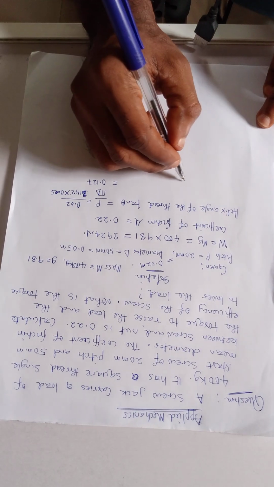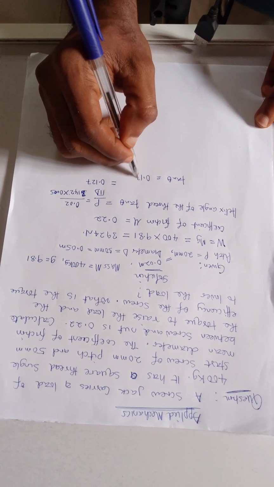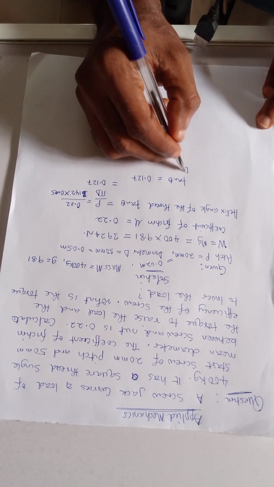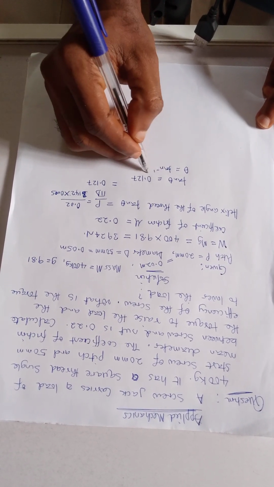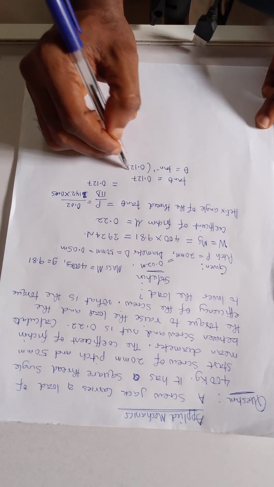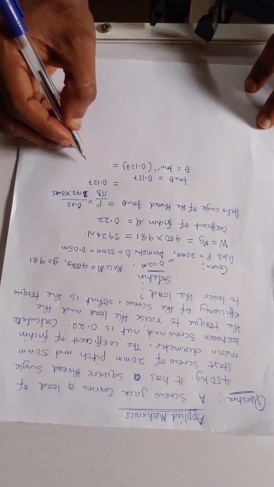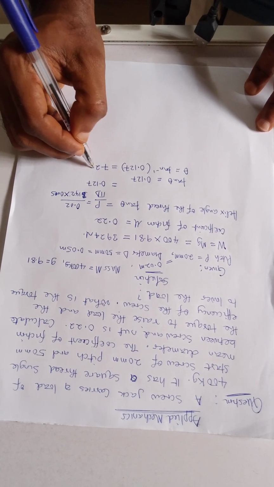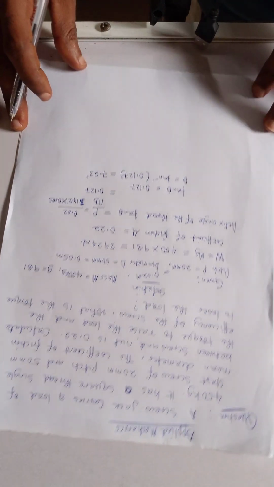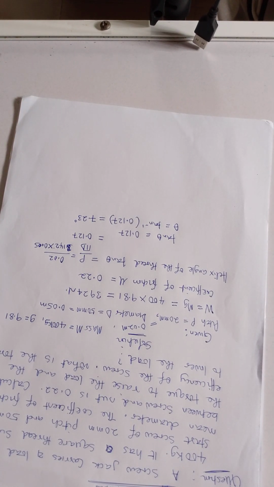So at tan theta equal to 0.127, it means that theta will be tan inverse of 0.127. When we punch our calculator, we have 7.23 degree.